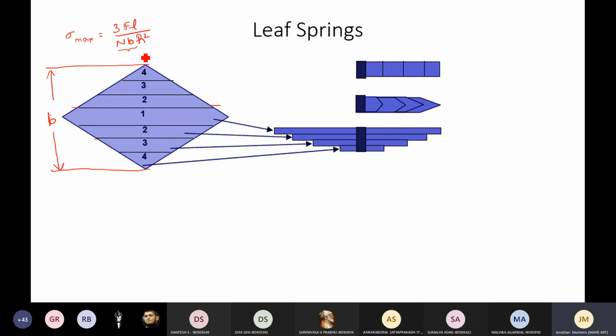N is the number of strips. And this formula is valid for simply supported, I'll write SS. For cantilever you will have a slightly different response, but we'll take it as simply supported as of now.